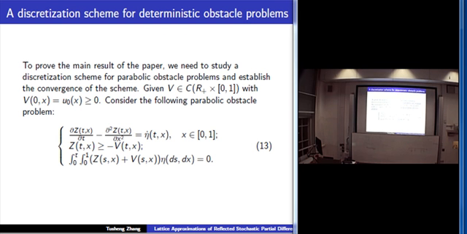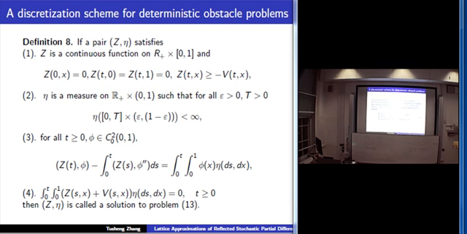So this kind of deterministic obstacle problem is already discussed in the Mulat and Bakhtous paper. Let me recall the definition of solution. Here V is given, the barrier is given. The only given data, of course, is the barrier and the initial function.